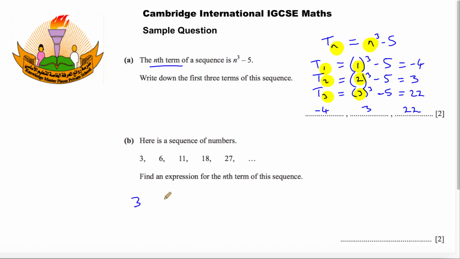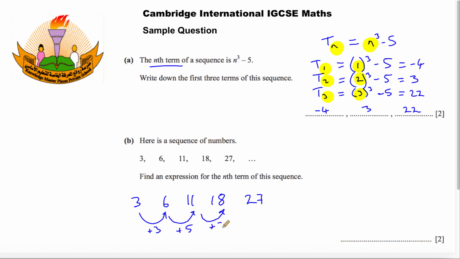Okay, well, when we're given a sequence like this, what we need to do is see is there a common difference in the sequence. Okay, so what's the common difference from the first to the second term? Well, we're adding 3 as we go along here. From term 2 to term 3, we're adding 5.